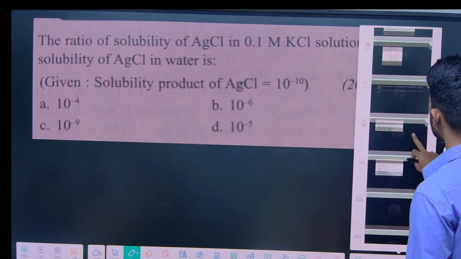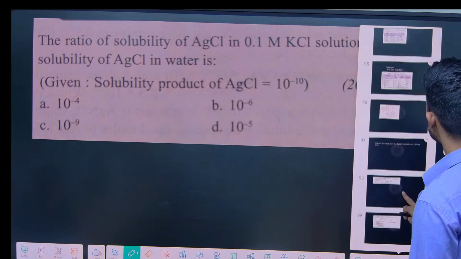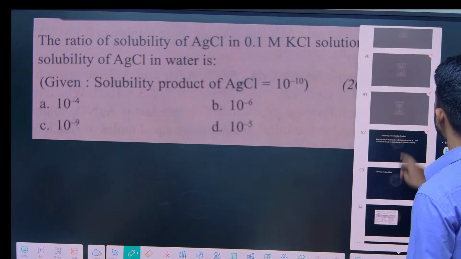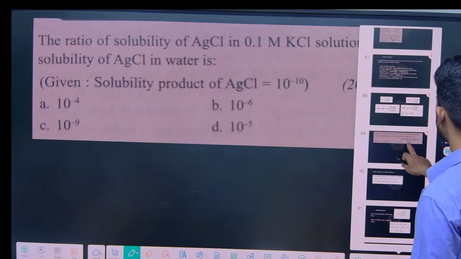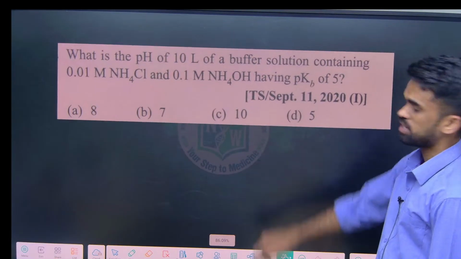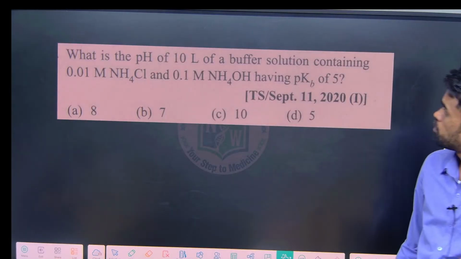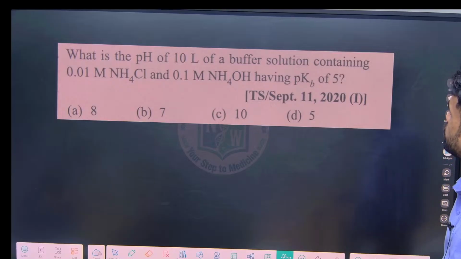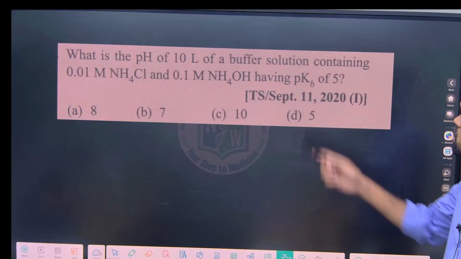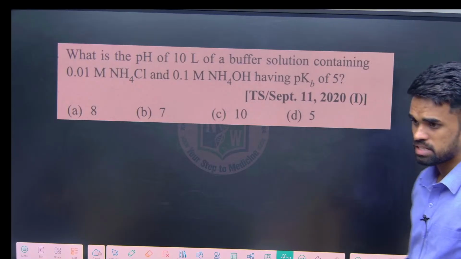Find the pH of 10 liters of buffer solution containing salt and this one. Do this, it's easy. Just try this.